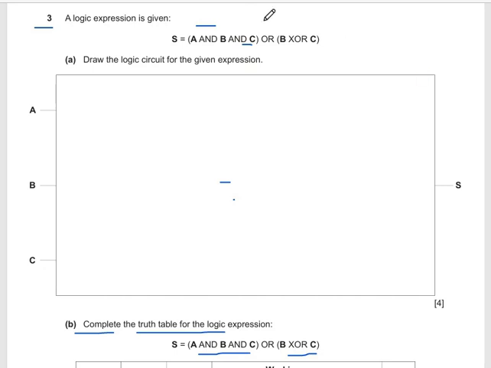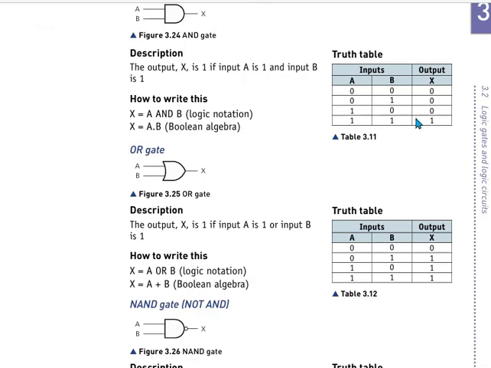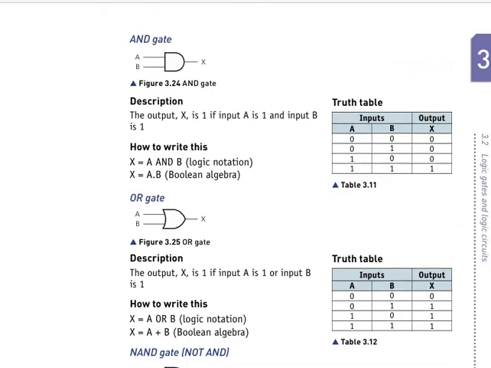Here you can see the expression is given: A AND B AND C, B XOR C. There are basically two expressions given within two brackets. If you have a book, you read the topic as well, and you know about the gates as well.